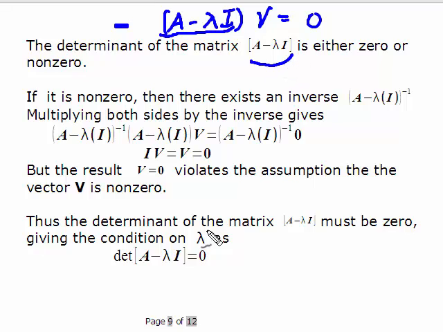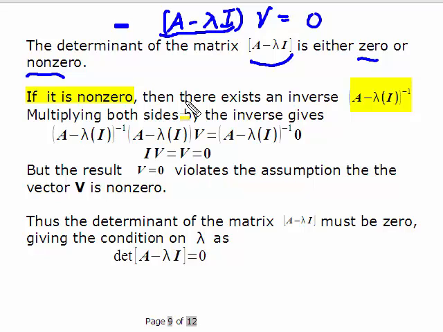All right. Its determinant could be 0 or it could be non-zero, right? That covers all the cases. Let's say it's non-zero. If it is non-zero, then there would be an inverse, right? Just a plain old square matrix, it will have an inverse.